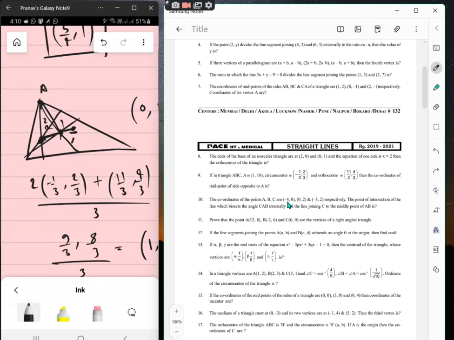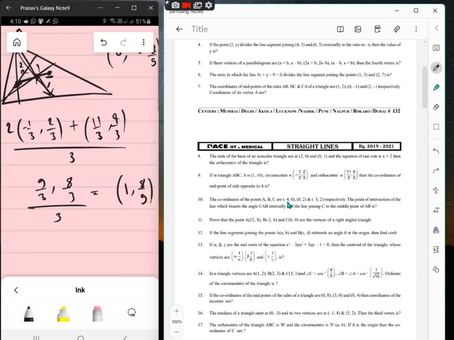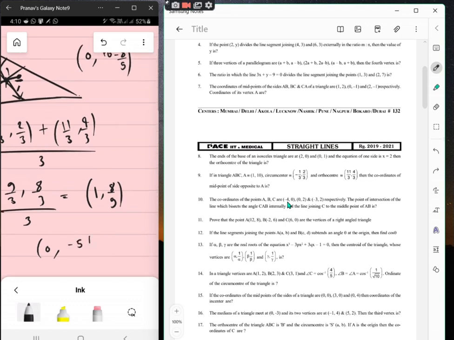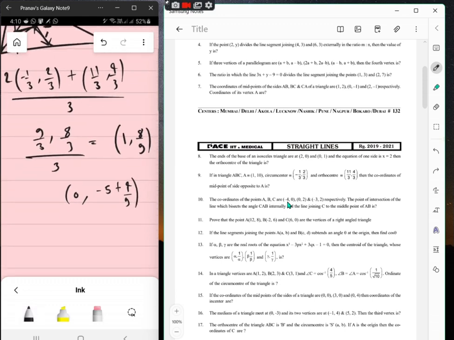And you just want to figure out what this vector is, which is just -1/2 of that. So that will be (0, -5 plus 4/9). So you know what that vector is. Just add this vector to the centroid, which we already know.